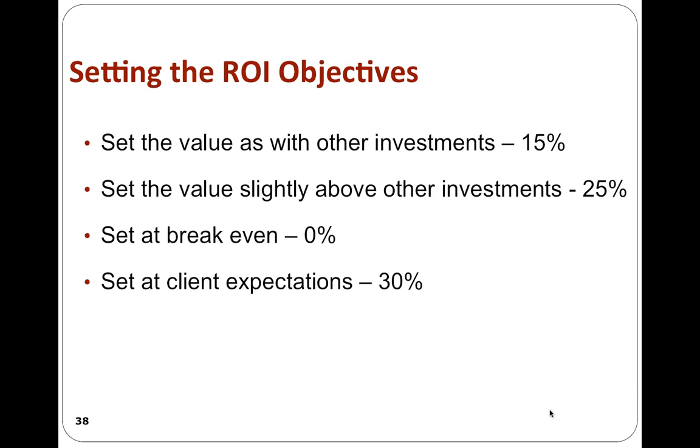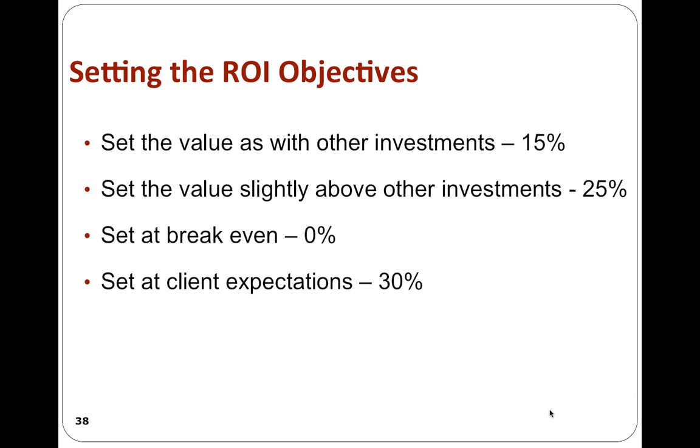Now, the last one is let the client set the expectation. But remember, this is the minimum acceptable performance for an objective, whether it's ROI level or an objective at level 1, 2, 3, or 4. That's reaction, learning, application, impact, and ROI. So we're thinking about objectives at all 5 levels. But remember, you define your objective as the minimum acceptable performance.